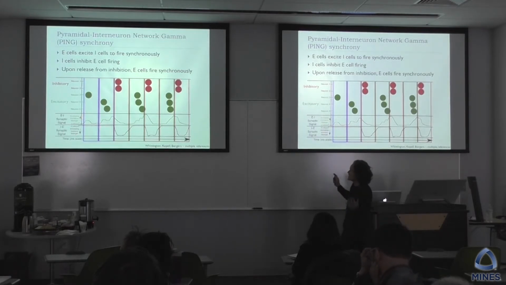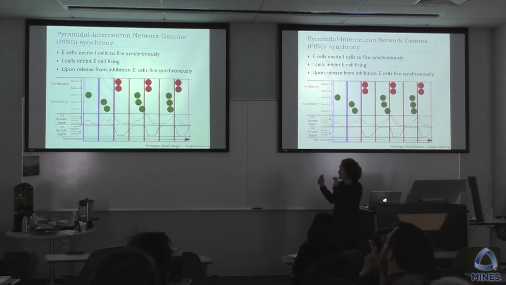But the idea of how it synchronizes is that if the excitatory cells are firing, and enough of them fire to cause inhibitory cells to fire, when the inhibitory cells fire, they send what we can think of as a global inhibitory signal to the excitatory cells and suppress all the excitatory cells. And so the excitatory cells are going to be quiet, so here they're not firing, and they can only fire again when the inhibition wears off.